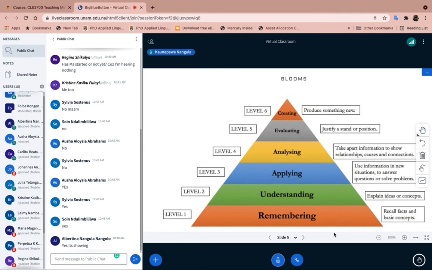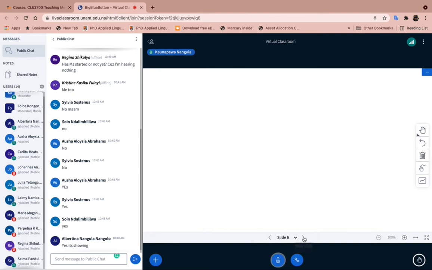But then it has been changed, because these types of levels are more applicable for the 21st century context in which we are today. The one that we had before was created in 1950. This was reflecting what was happening in education during that time. But then things have changed a little bit. That's why we are using the revised version.